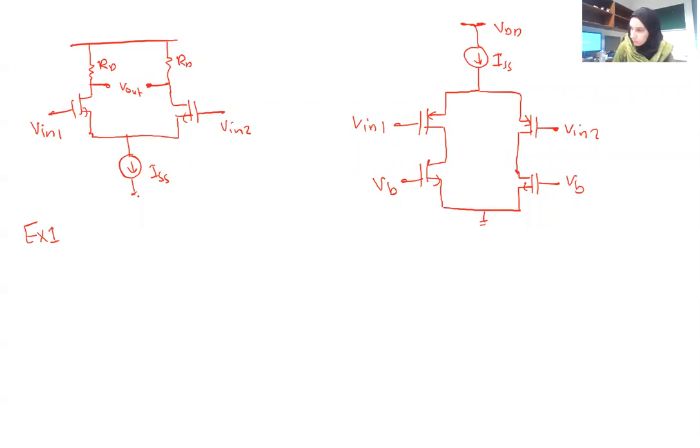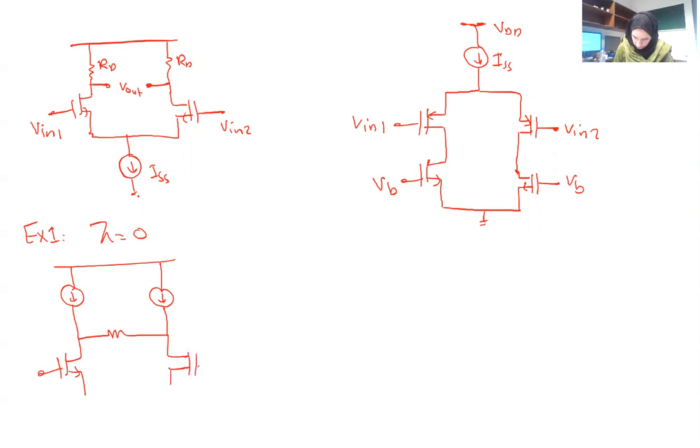So we want to find the gain. Assume lambda equals 0. Find the gain for this circuit. Let me just draw it. We have another current source down here, another current source here.